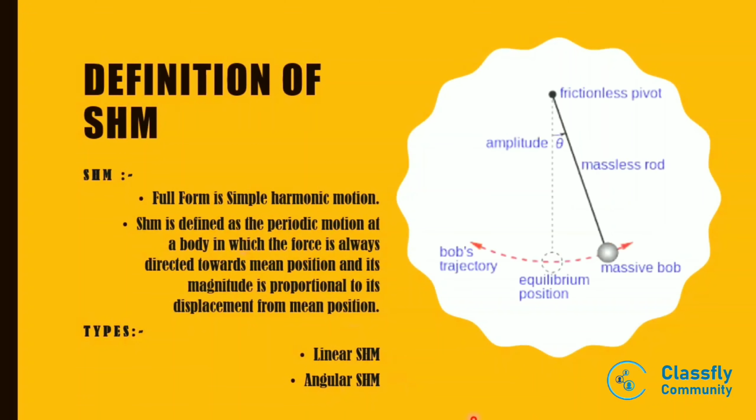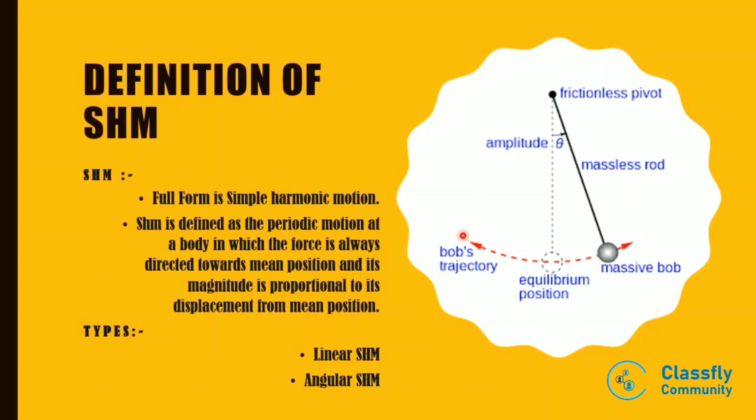Okay, so let's bring a picture. This is a picture of a pendulum. This equilibrium position is the mean position. That means when you exert a force on the ball, it moves either this side or that side. But after some point of time, what happens? It will again move back to its equilibrium position.